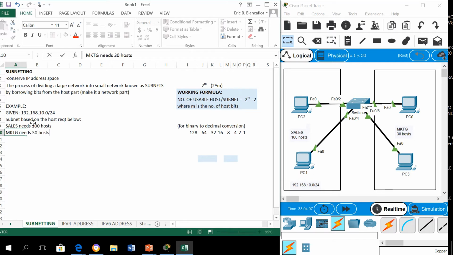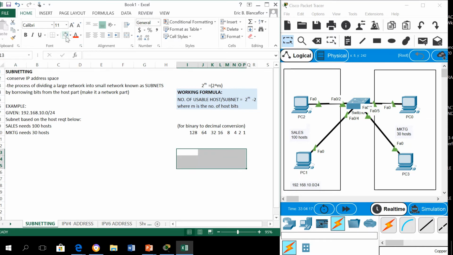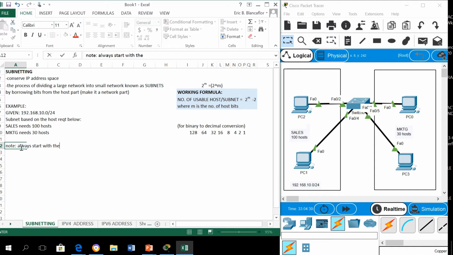For us to easily work with subnetting, I have this step-by-step procedure. This is not an original procedure, I might have gotten this from other resources, other websites. First thing to take note when you deal with subnetting: it is always better to start with the largest host requirement.